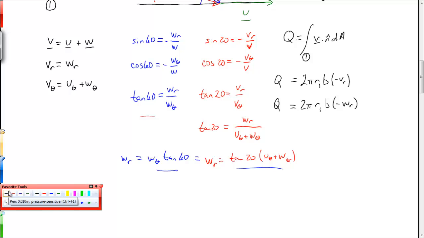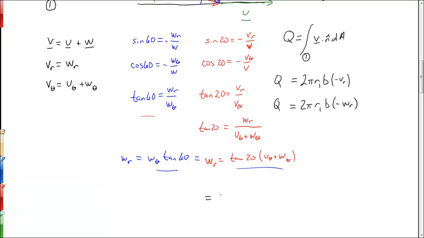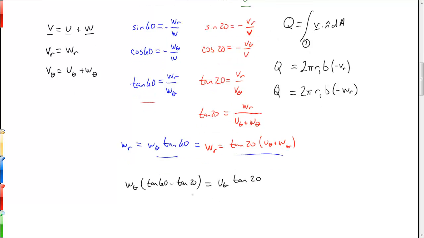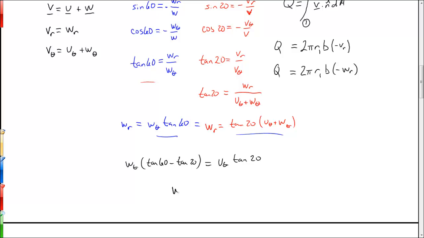And I think you will find that on the right-hand side we have U theta tangent 20, and on the left-hand side we have W theta times tangent 60 minus tangent 20, or W theta equals U theta times tangent of 20 over tangent of 60 minus tangent of 20.